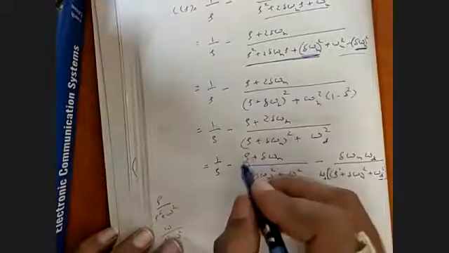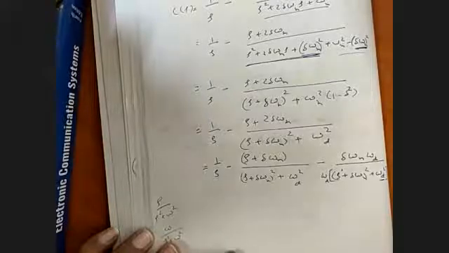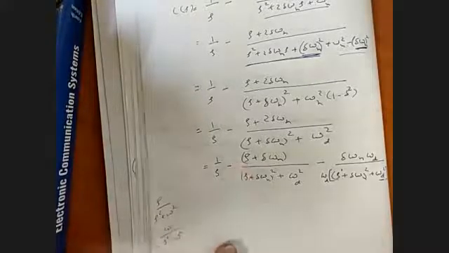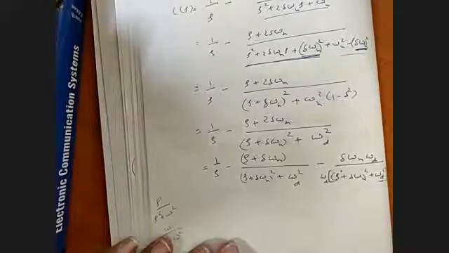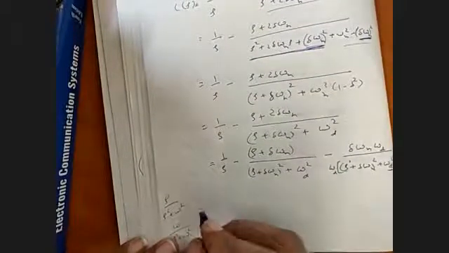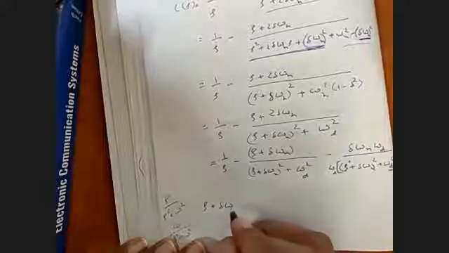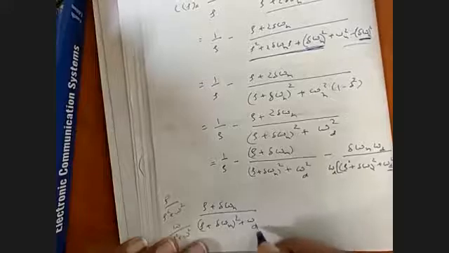So I make it s plus delta omega n equal to s. So we have (s plus delta omega n) upon (s plus delta omega n) whole square plus omega d square. I put s_x equal to s plus delta omega n.